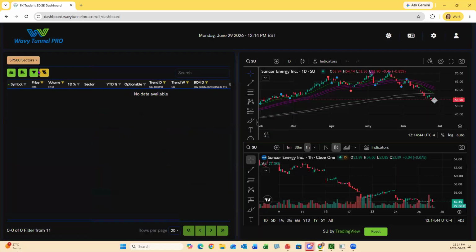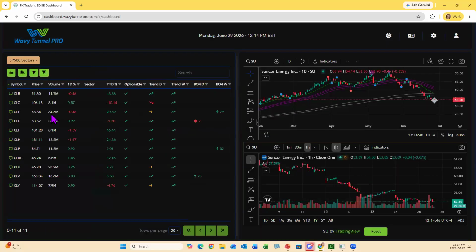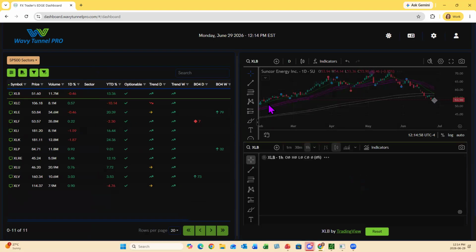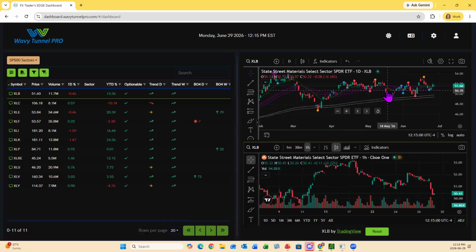Okay, so I'll just show you what that is. If I click on the S&P 500 sectors, we get all of the S&P 500 sectors. Now on the right, if I just click on the first one, on the top we have the daily XLB, and on the bottom we have the live market data from TradingView.